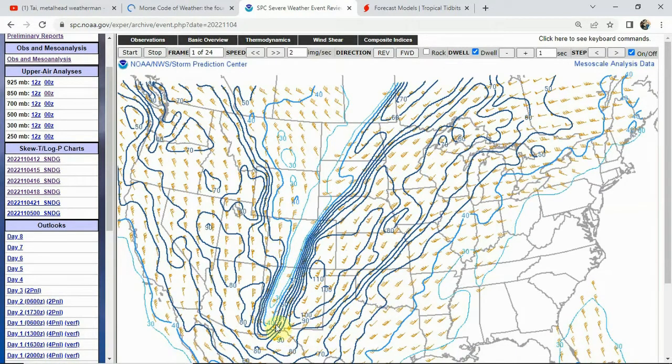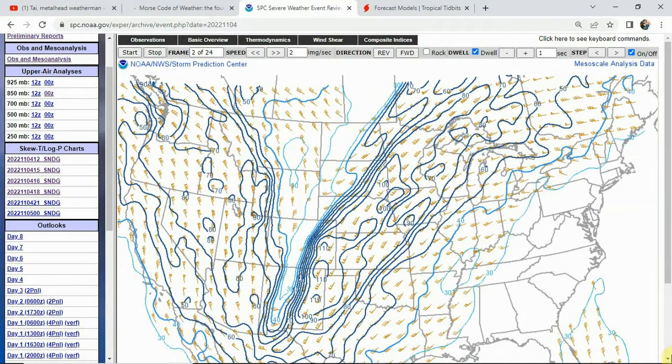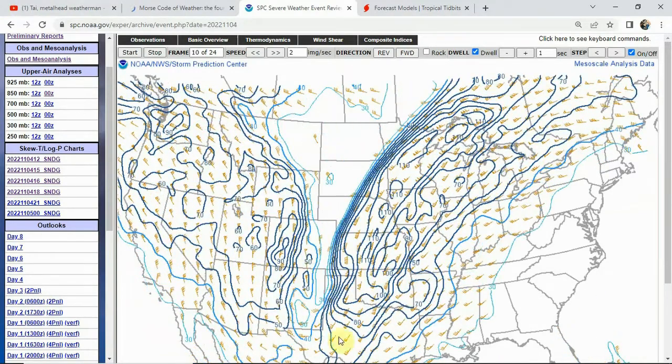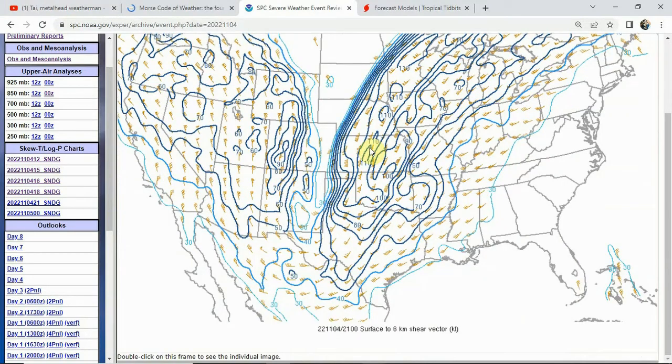So here's our storm system coming in, and we can watch this bulk shear really start to pick up around here. At one point it looks like we have an index of about 100 right here, which is kind of crazy. But you could see that there's plenty of wind shear around this region. The darker colors usually indicate much stronger wind shear than these lighter colors here, along with the indicated values.